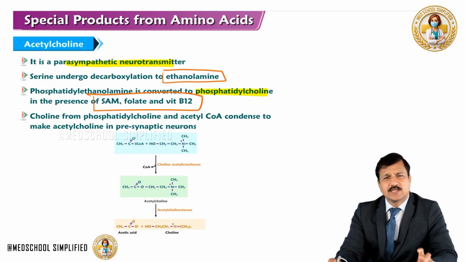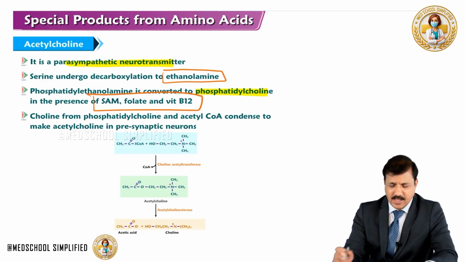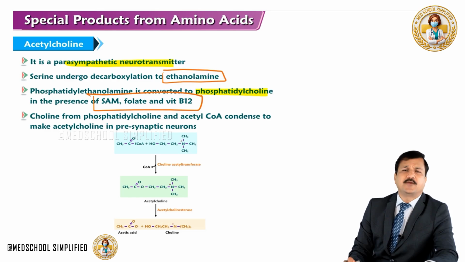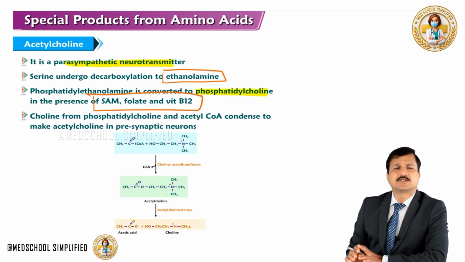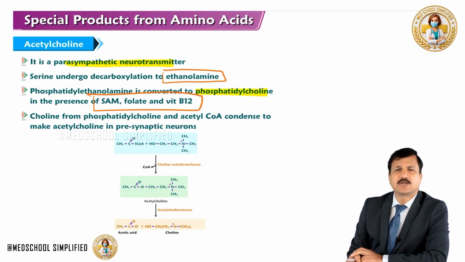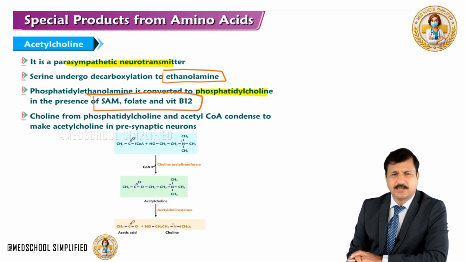These are necessary for the conversion of phosphatidylethanolamine into phosphatidylcholine, which is the most abundant membrane phospholipid. To maintain a good amount of phosphatidylcholine, we should have sufficient S-adenosylmethionine, folate and vitamin B12.